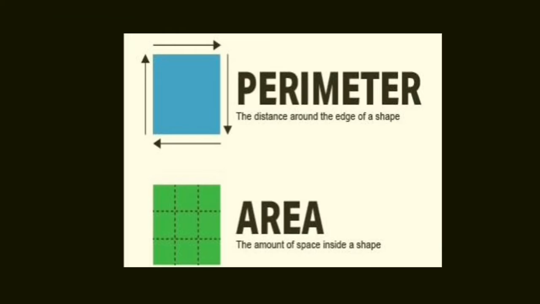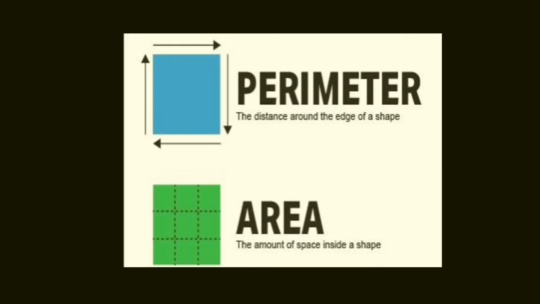Fine. Let us move on to our topic, perimeter and area. So whatever the closed figure may be, perimeter can be defined as the distance around the edge of a shape, whether it be a square, rectangle, triangle, whatever it is. The distance around the edge of a shape is called the perimeter. And what about area? The area represents the amount of space inside the shape, whether it be a square, rectangle, triangle, parallelogram, trapezium, whatever it is.